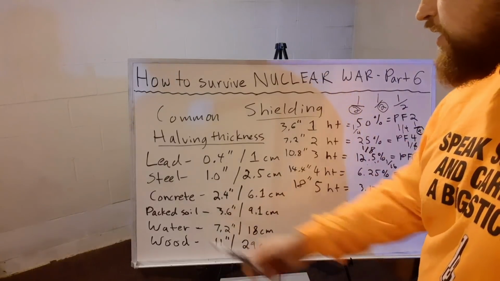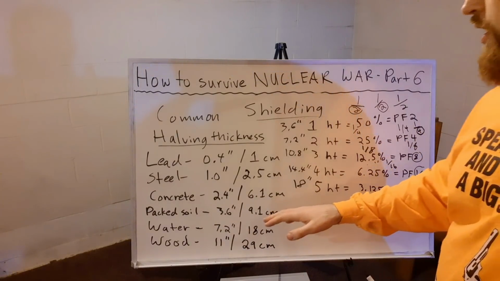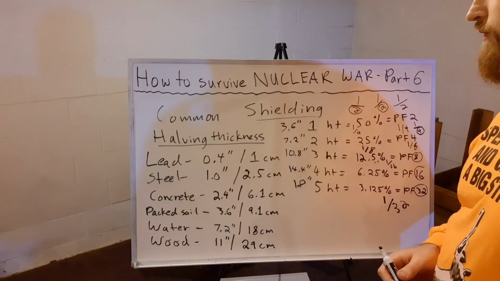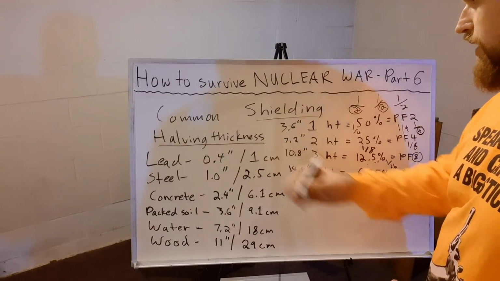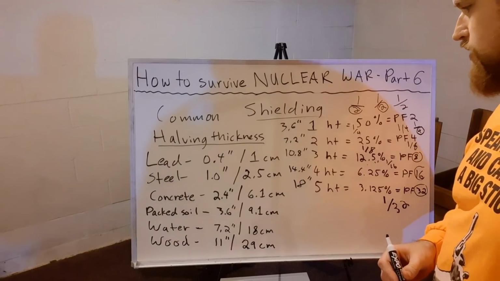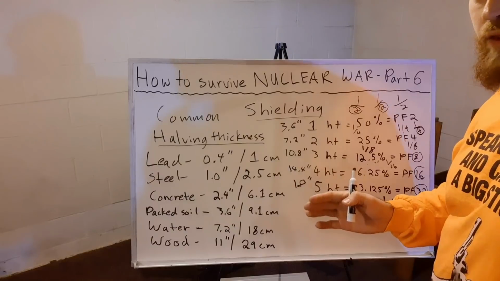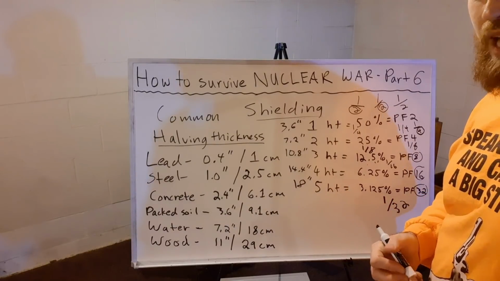So I want to use the packed soil in our example here. And I want to show you how sandbags can really be very effective in stopping radiation and shielding the radiation. And this is why I recommend sandbags, because you can get yourself 18-inch wide sandbags for 50 cents a bag.